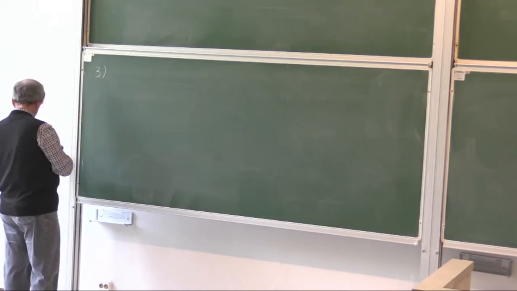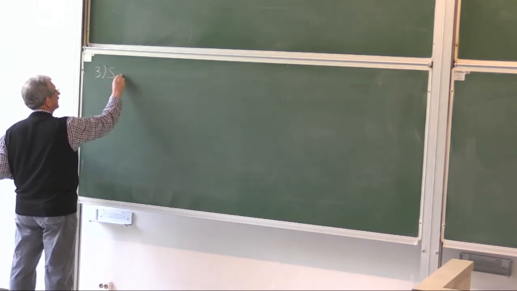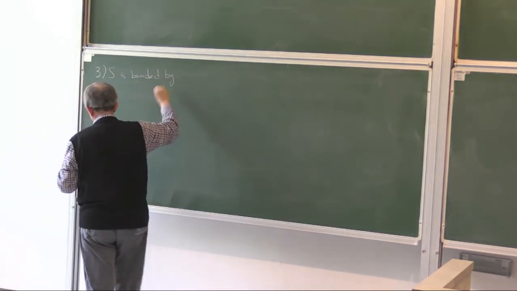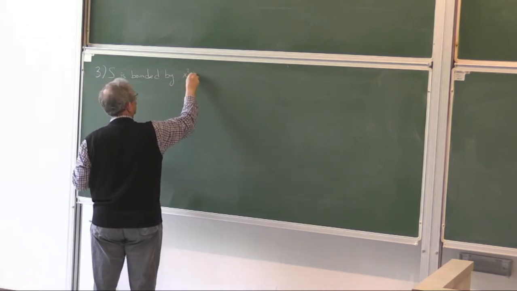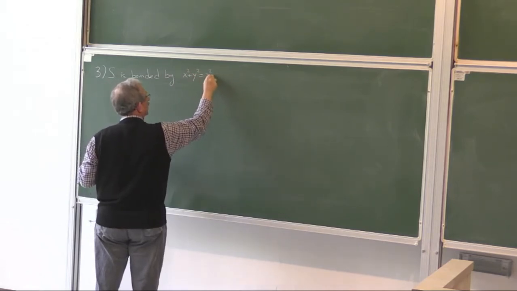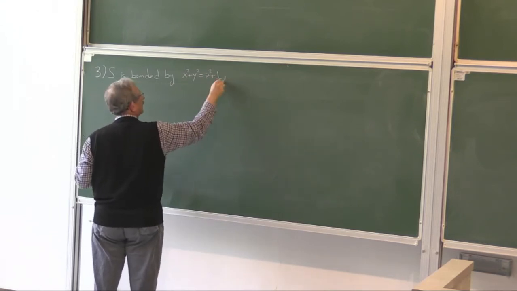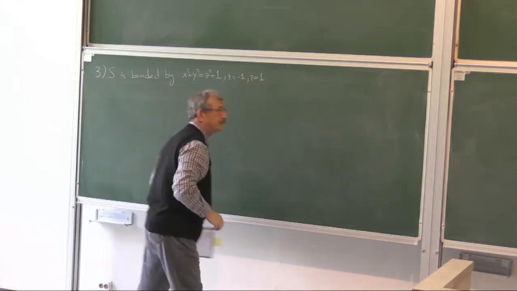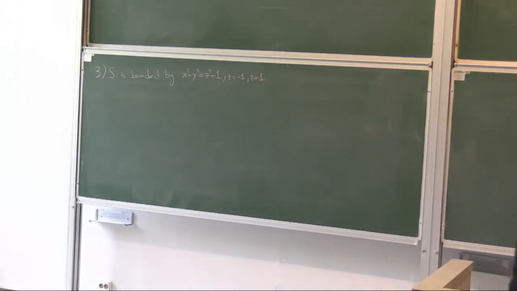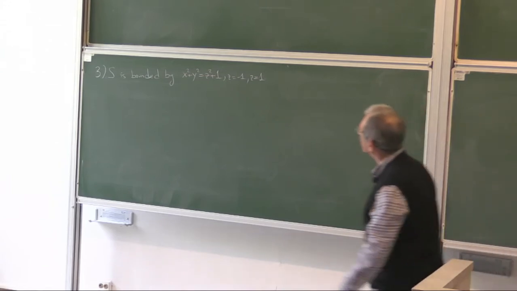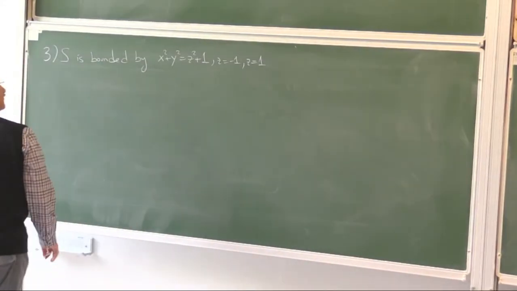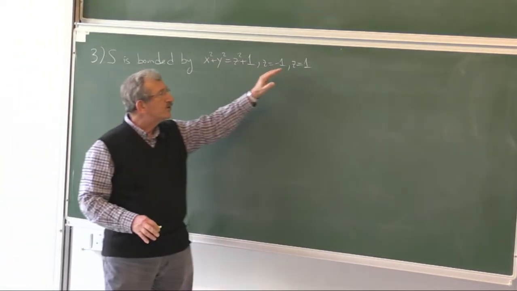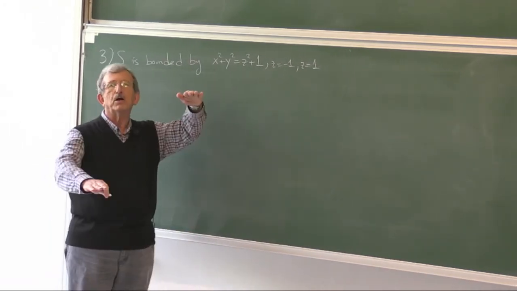Our next example is where S is bounded by this curve, z is -1 and z is 1. Now, this is an important example, as we will see in a minute. First of all, the structure is quite simple. We have something here, and these are bounding it from above and below.